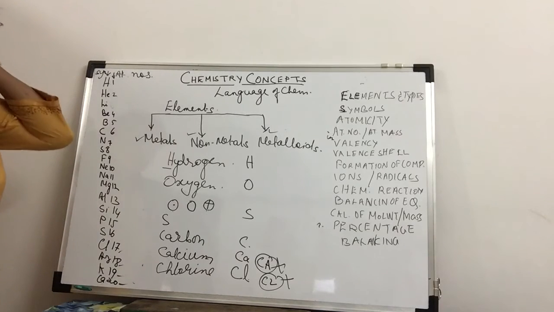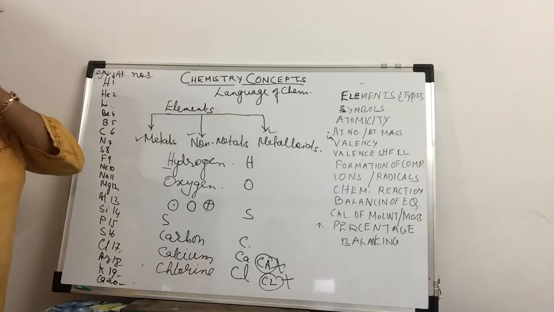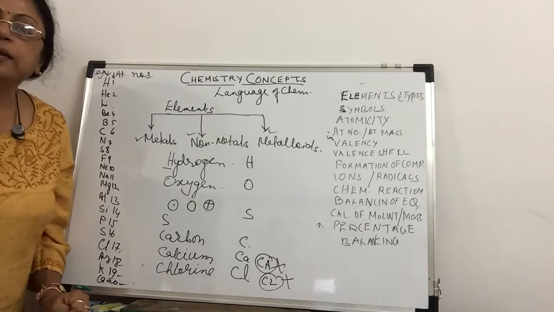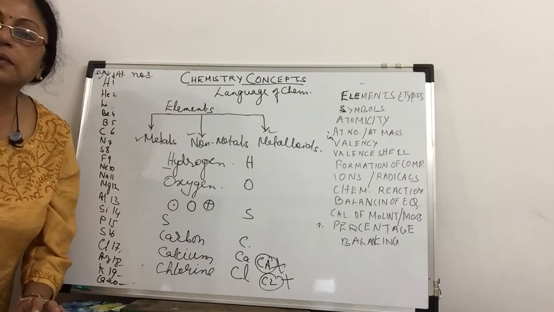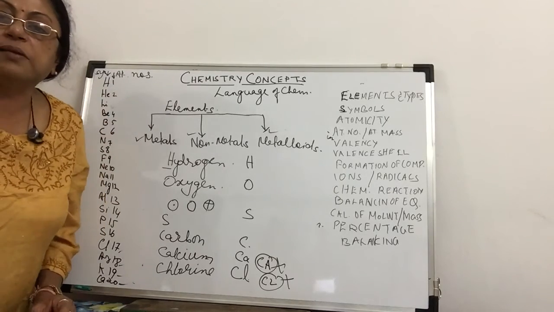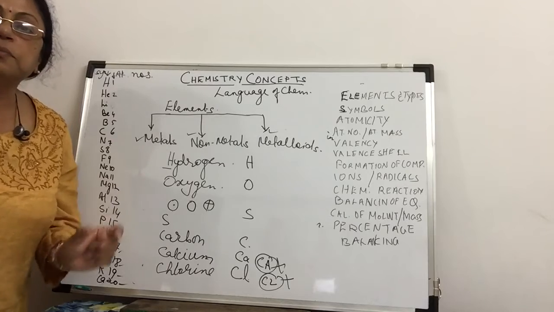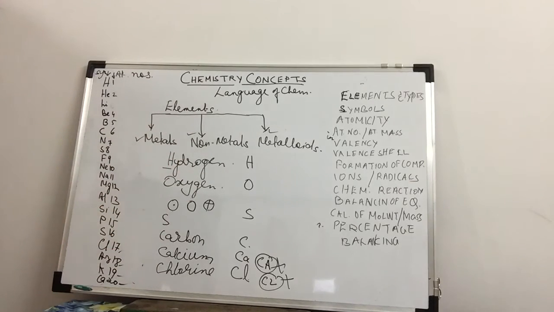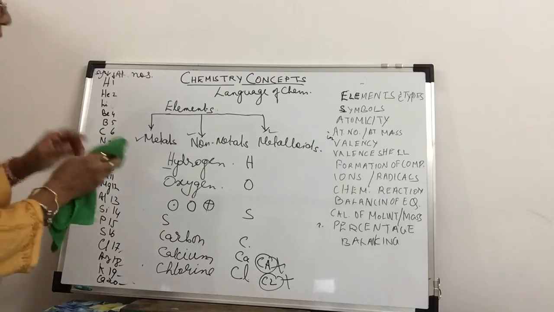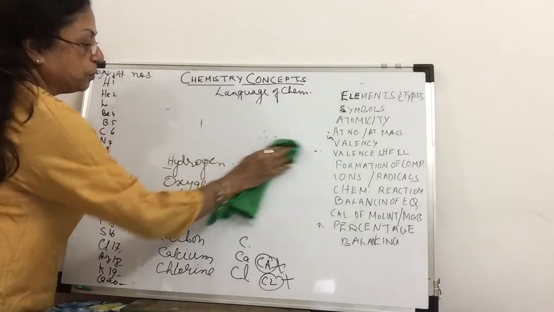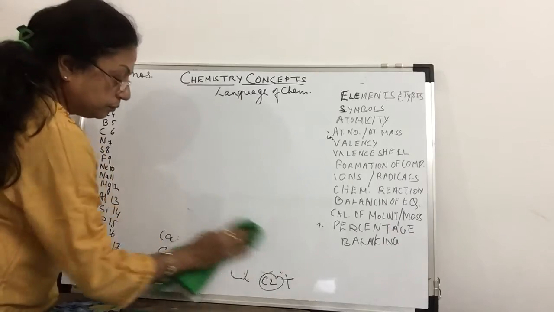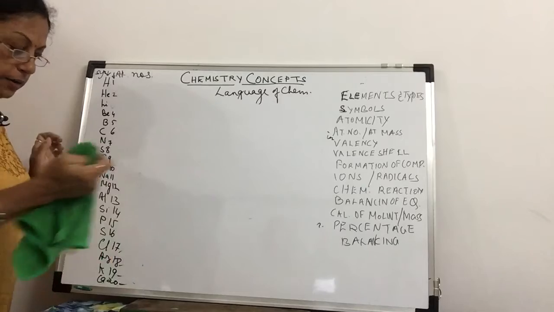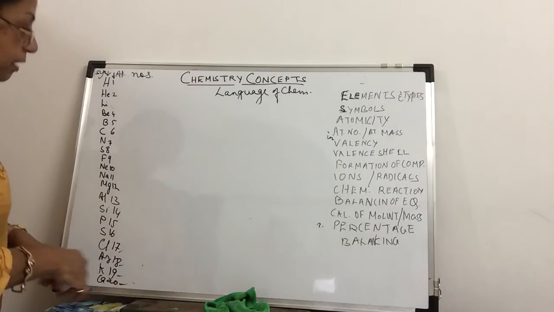Now all the elements were given symbols. Out of these, some were given from the Latin word. Some elements were given Latin names first, and from those Latin names the symbols were given. These are the elements we are going to study, the symbols of these elements.